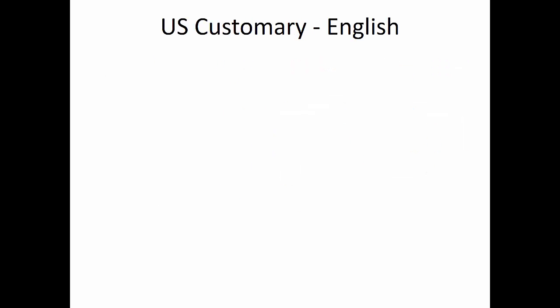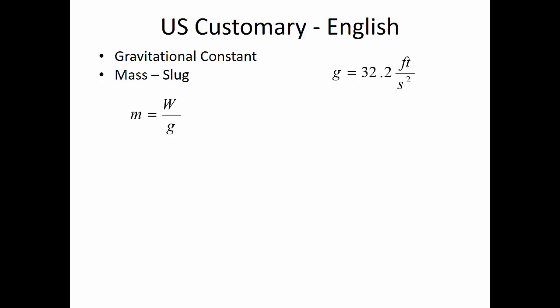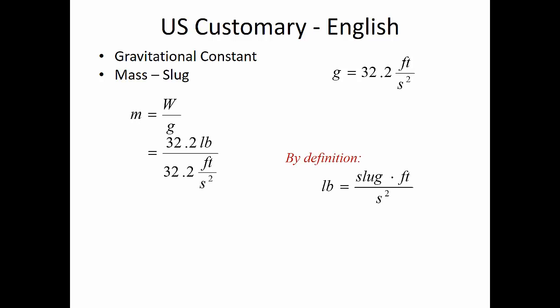For the US customary or English units, our gravitational constant is 32.2 feet per second squared. This is the acceleration due to gravity in English units. If a mass is a slug, and a mass is defined as a weight divided by gravity, then if we have a weight of 32.2 pounds, and we divide that by our gravitational constant of 32.2 feet per second squared, and if by definition a pound is a slug foot per second squared, if we have 32.2 divided by 32.2, we get 1 pound second squared per foot.